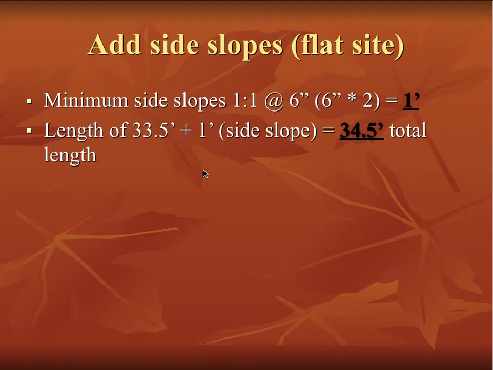So since there's 2 sides to each drain field, we're going to multiply that 6 inches by 2, and that's going to give us an additional foot in side slope. So now we take that minimum length that we found in that table from our design manual of 33.5, add our side slope of a foot, and that gives us a total of 34.5 feet in total length.